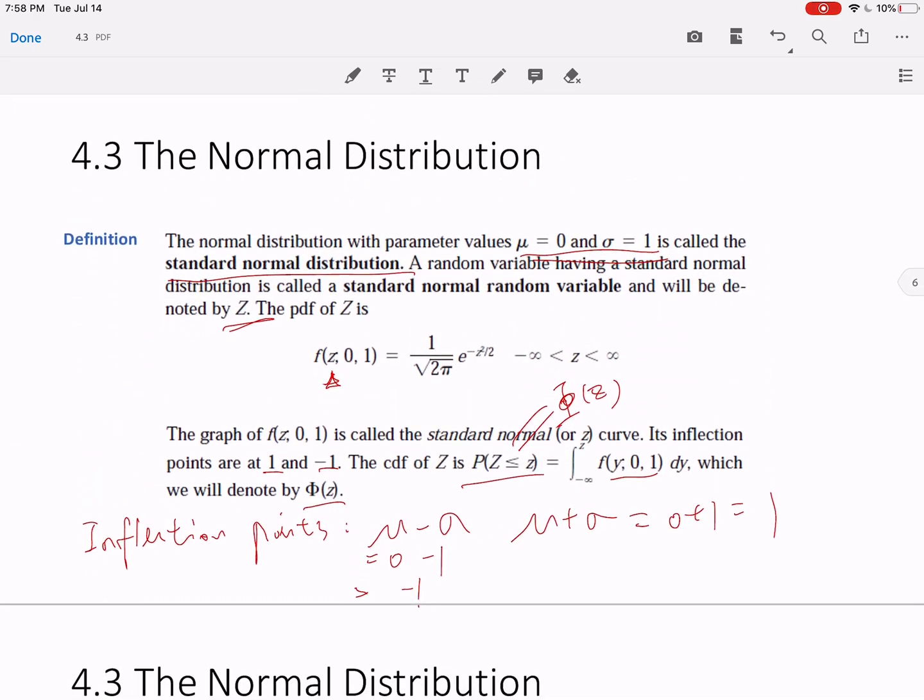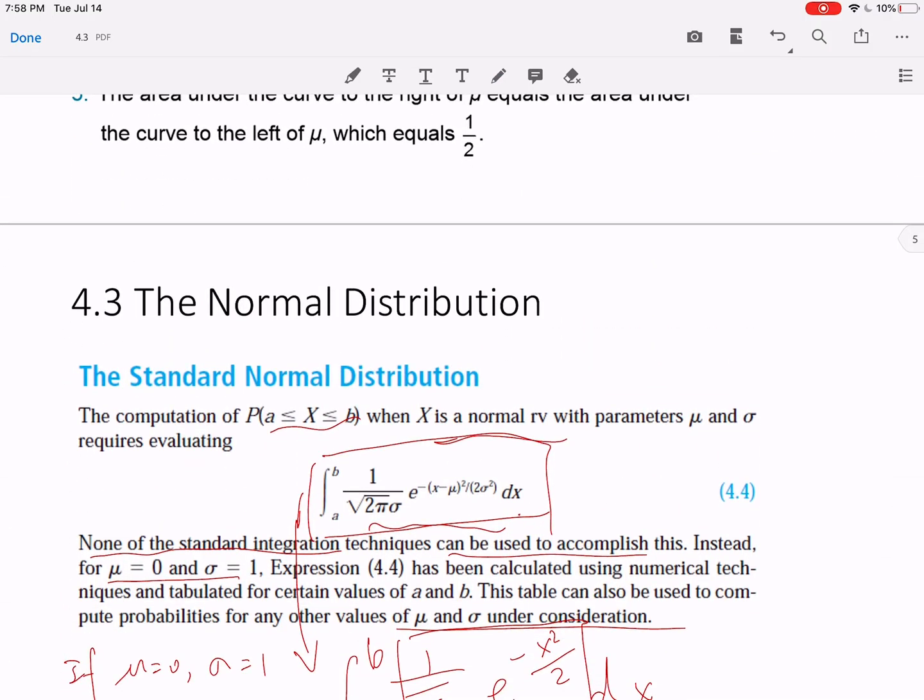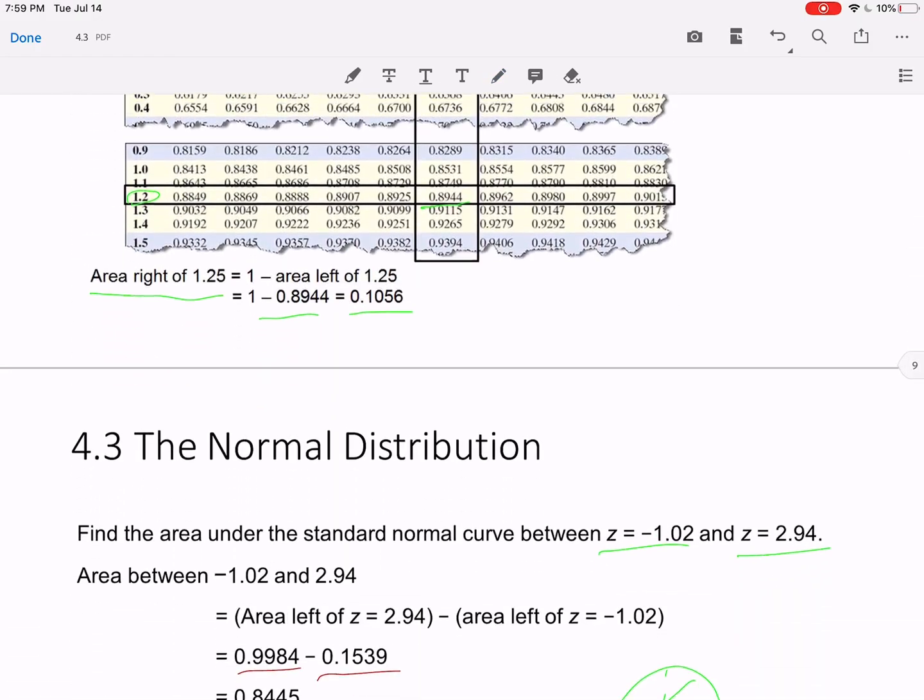I just want to mention this again: the reason we have to go over the standard normal distribution is because we are not able to integrate this thing over here. That's why I need to do the standardization.